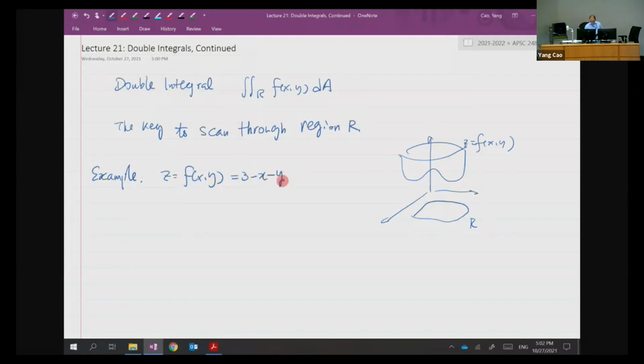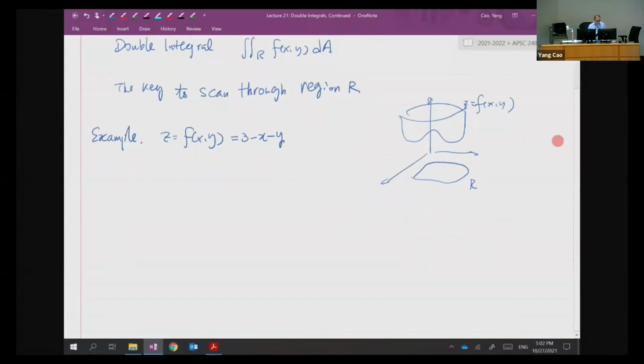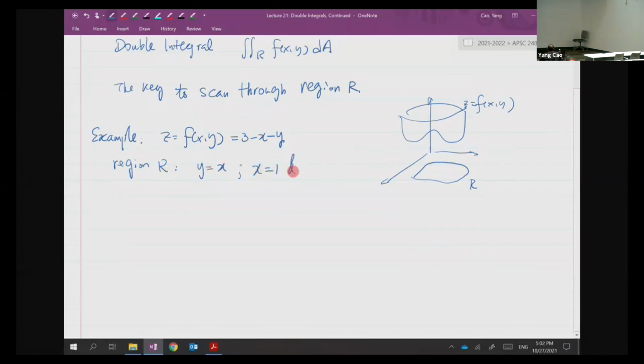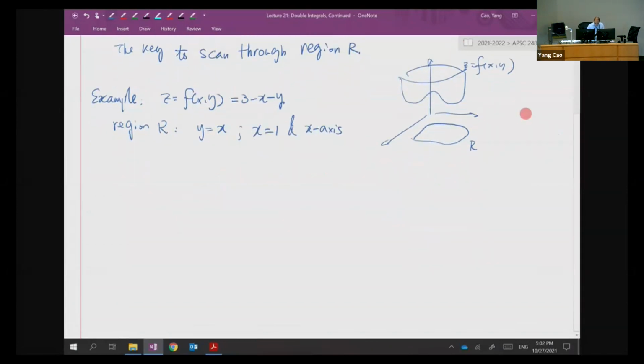Let's say we have this simple surface, which is a plane. Region R is bounded by three things: y equal to x, x equal to 1, and the x-axis.